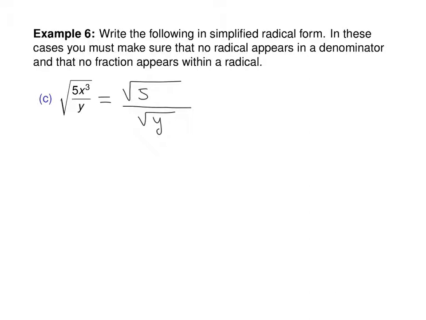And can you break up, I stopped with the x cubed because you can actually simplify it. How do you break it down? Break it down to x squared and x. Okay. And the x squared is the only thing that can exit the square root, right? Okay, and it becomes x. So x root 5x over root y.